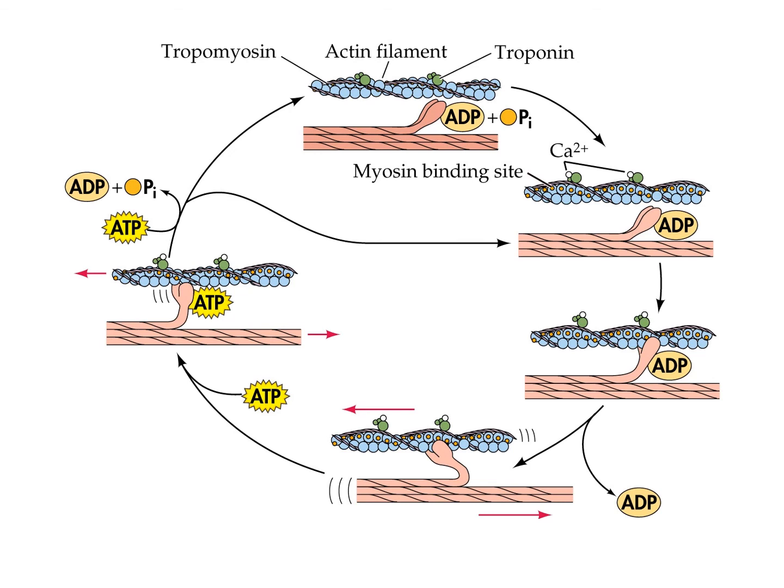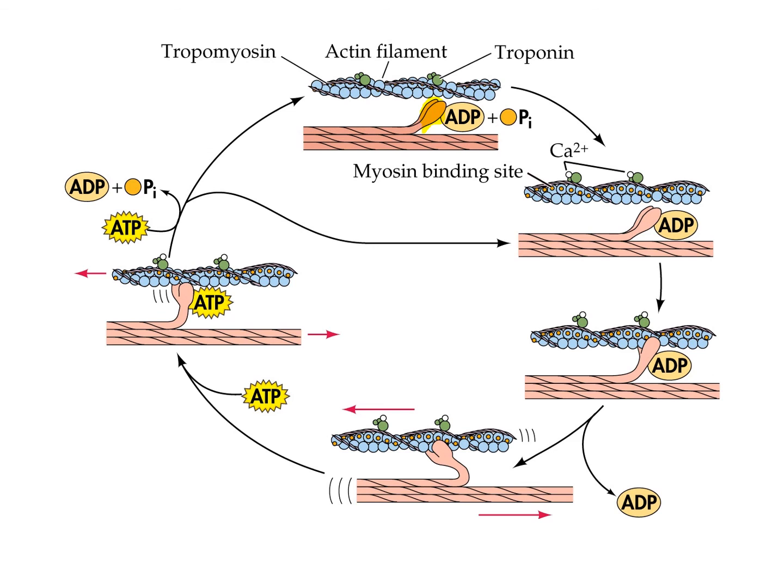This kind of mechanism of binding and releasing and ratcheting along is shown here. It is not exactly intuitive, but this is a myosin head here. It's not the binding of the myosin head to the actin filament that is the energy requiring step.